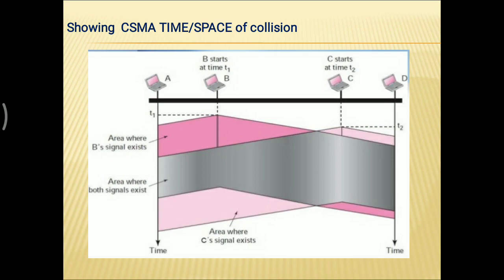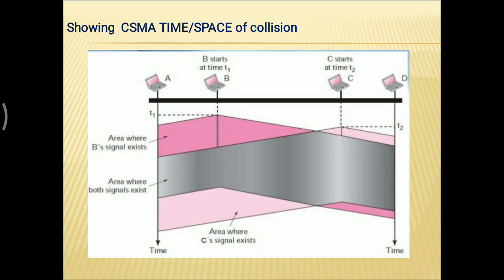At time interval T1, B started transmission of its message or information, and at time interval T2, C started transmission, and C does not recognize the carrier signal which was sent by B, and C does not know B has started, because B's data does not reach C. Hence, C does not know whether station B is transmitting data or not.